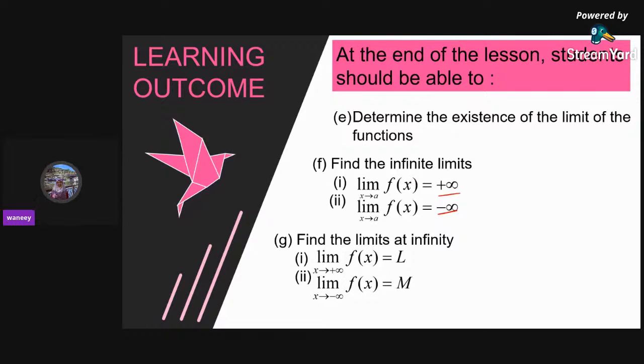Firstly, infinite limit. We are going to get infinity on the right hand side, as x approaches infinity. So we are supposed to get some value on the right hand side.